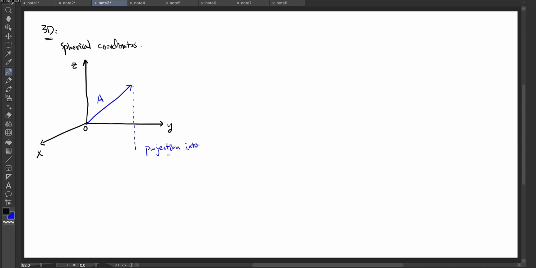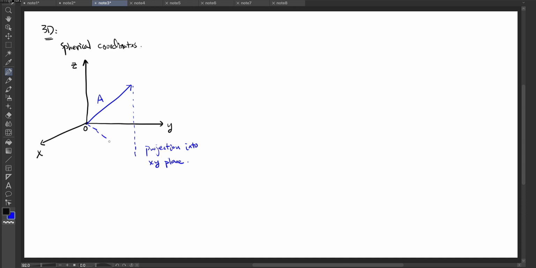So here's the projection into the xy plane. It makes an intersection, a crossing point with the xy plane. Now we can connect from origin O to this point.